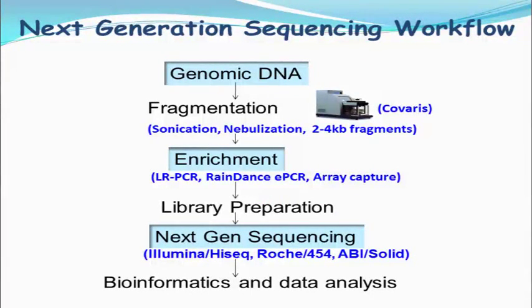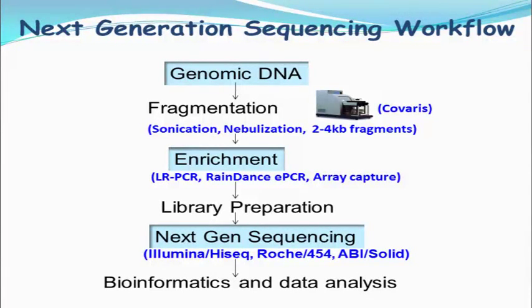Here is a very brief workflow for next generation sequencing. Genomic DNA goes through fragmentation until the fragments are suitable for the next step of sample processing. The fragmentation can be done through sonication, nebulization, and sometimes you can use restriction enzymes to cut the genomic DNA. Then the DNA will be enriched for the targeted region.